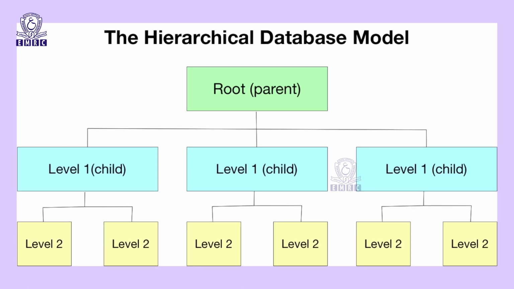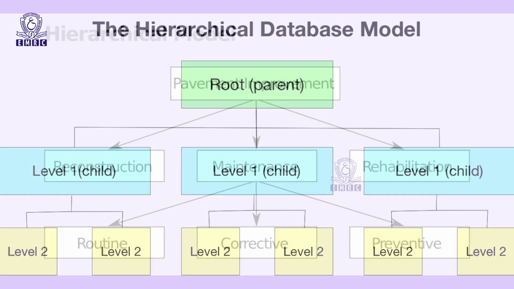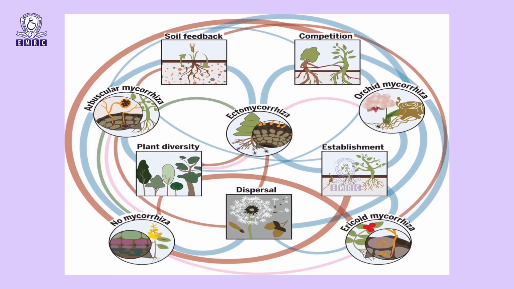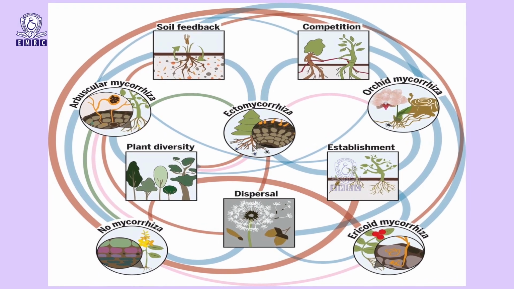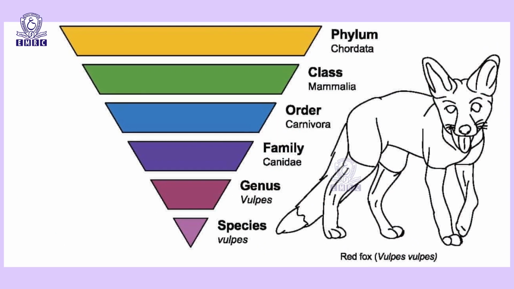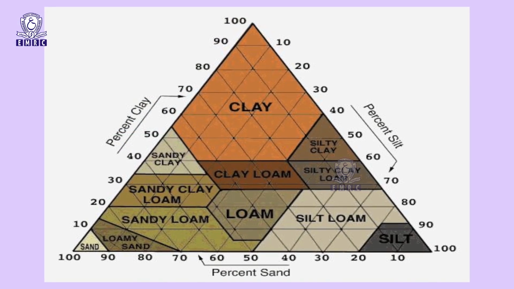Hierarchical database model. When a data set has many relations, then a hierarchical model is used. This hierarchical model is used in environmental science for plant and animal taxonomy, soil classification, etc. These models are easy to understand and easy to update and expand as needed.